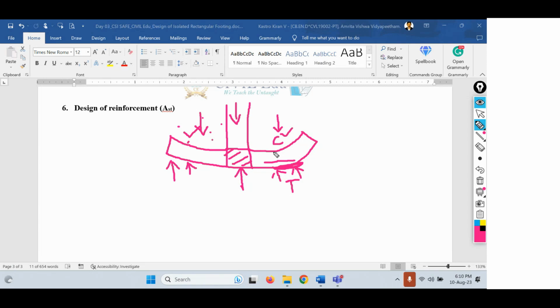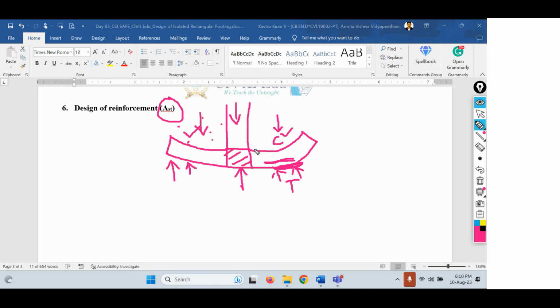But whatever reinforcement we are going to determine now is determined in the tension zone. That's why whenever we write the reinforcement determination, we always write it as AST. That means A represents area, S represents steel, T represents the tension zone: area of steel in the tension zone. So that's what we are going to find out now.